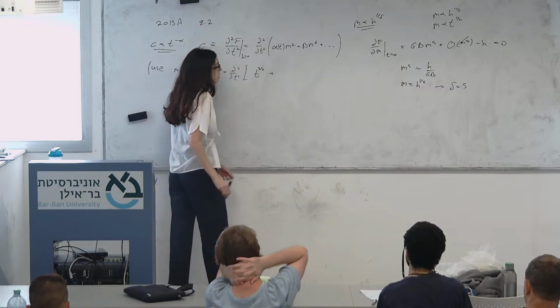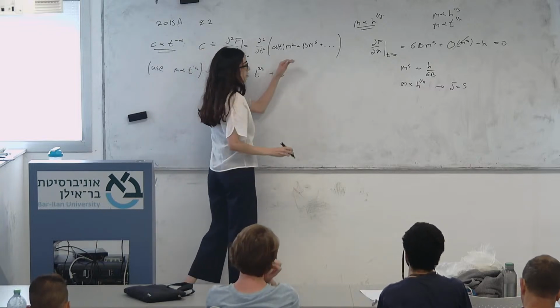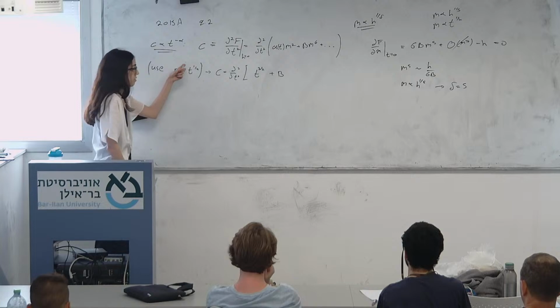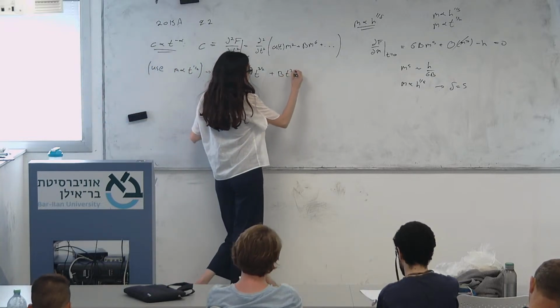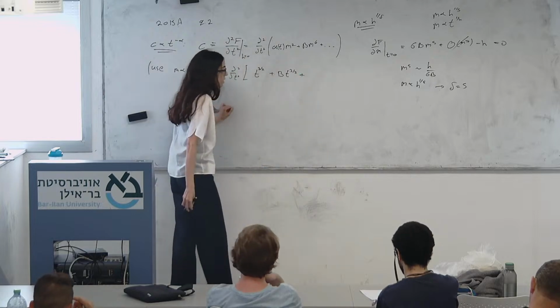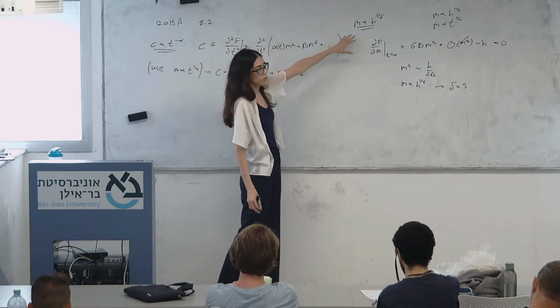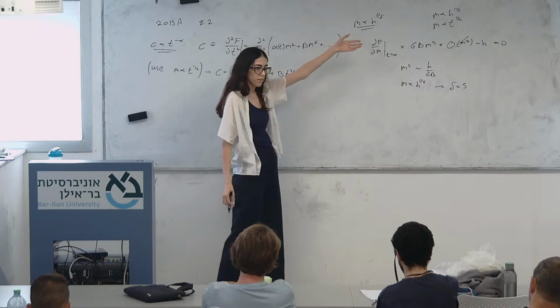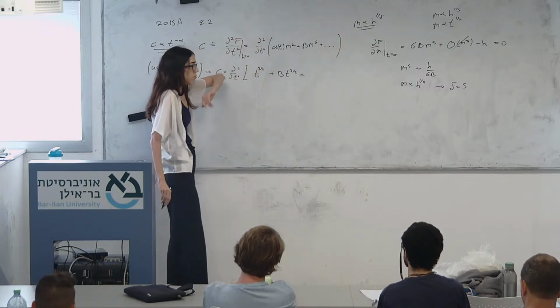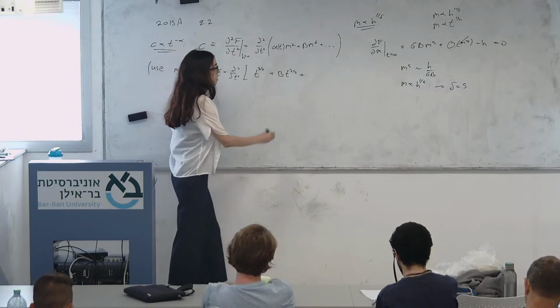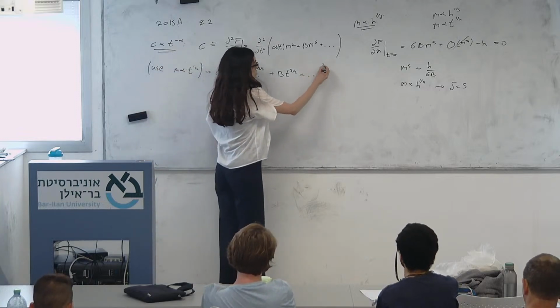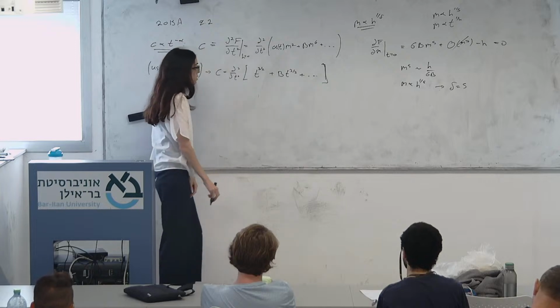Plus we have m to the power of 6, so we have 6 over 4, so this is also t to the power of 3 over 2. If we kept the higher orders, we would have m to the power of 8, so this would be t squared. So we see that this is unnecessarily high order, so we ignore it.